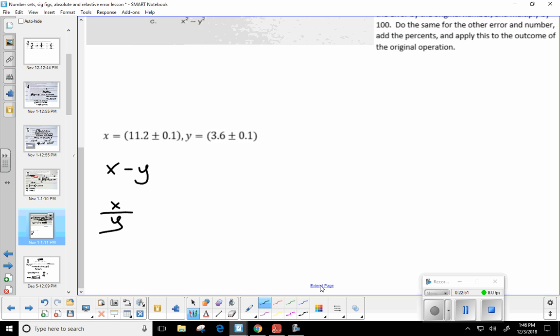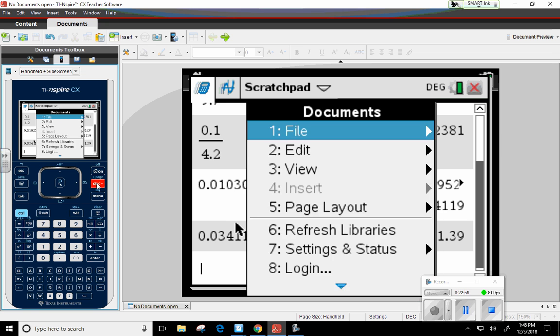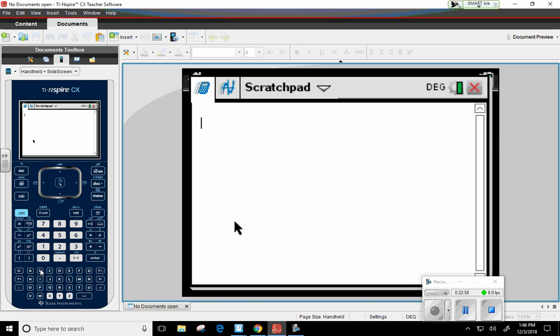So 11.2 plus or minus 0.1, 3.6 plus or minus 0.1. Let me go ahead and get this all cleared out.